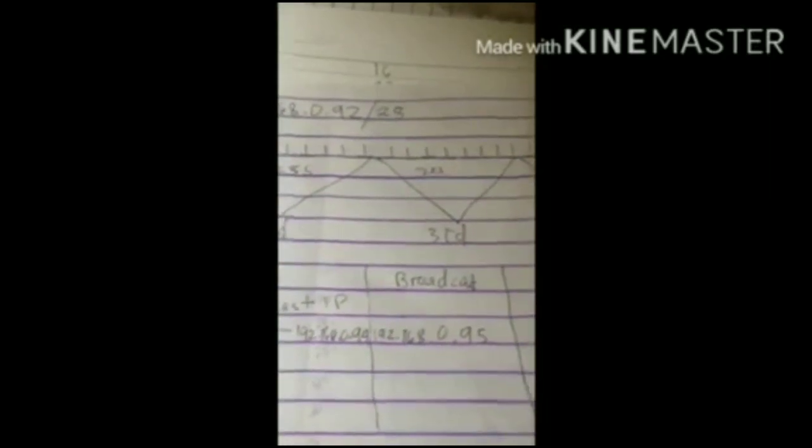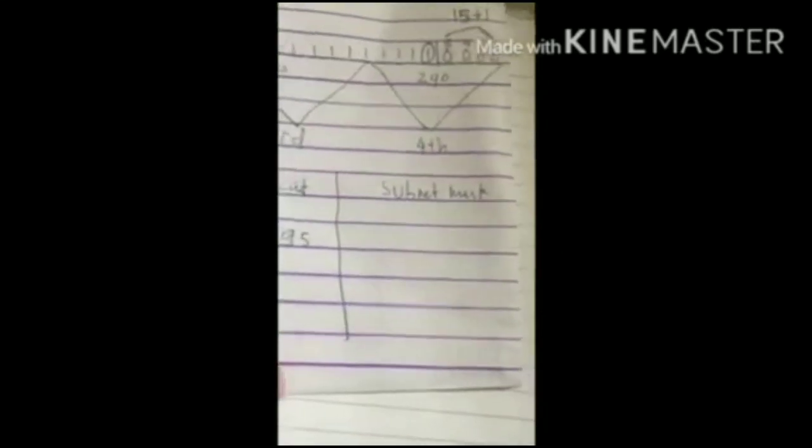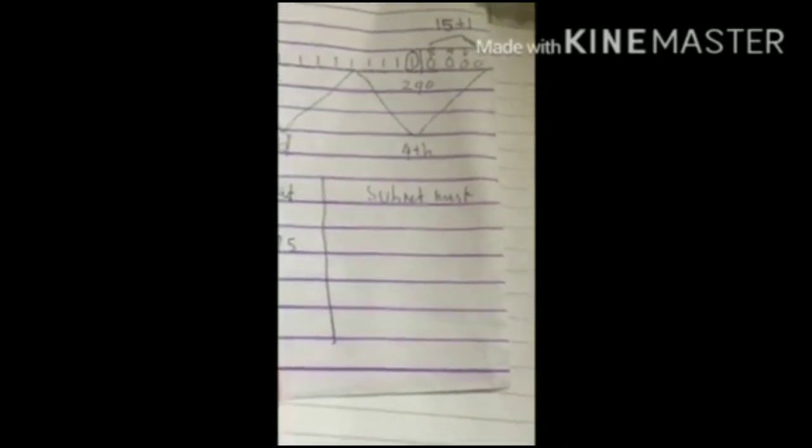And to get the last range IP, you just minus 1 from the broadcast, which is 192.168.0.95, to get the last IP, which is 192.168.0.94.